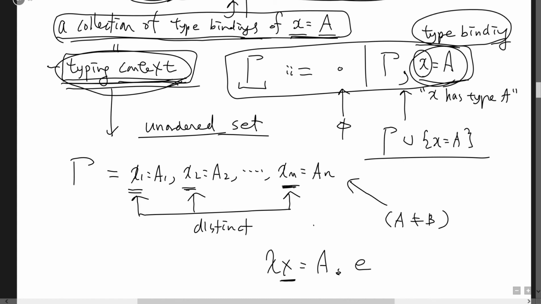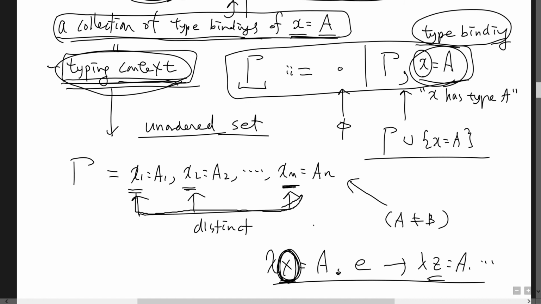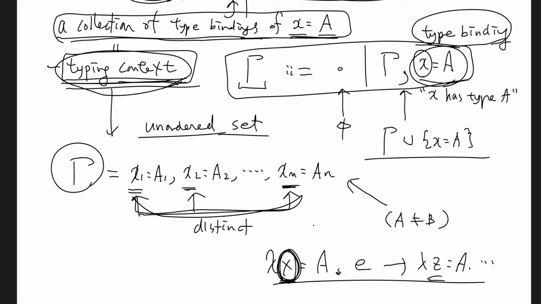If this particular variable x induces some problem, like name clashes, then we can always choose to rename this one to something completely new, some fresh variable, like z. In this way, we can aggressively apply alpha conversion, or rename these bound variables, so that all the variables in any typing context are distinct. That's the assumption that we make.